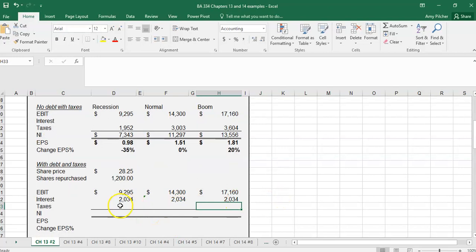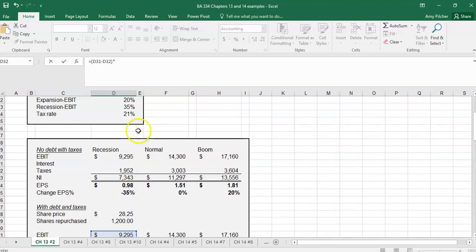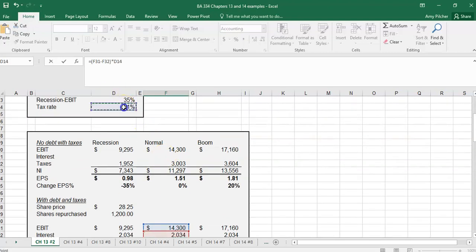And then our taxes, which are the earnings minus our interest payment times the tax rate. So earnings minus interest times the tax rate.